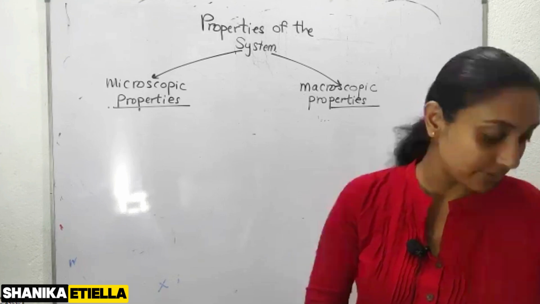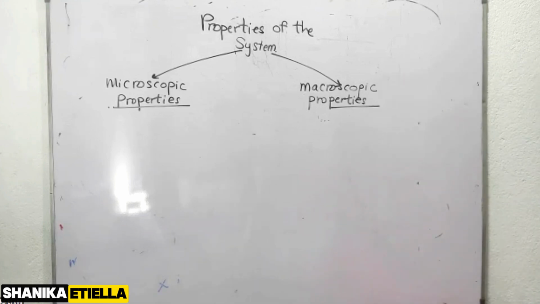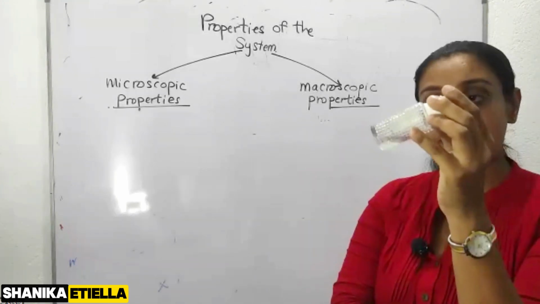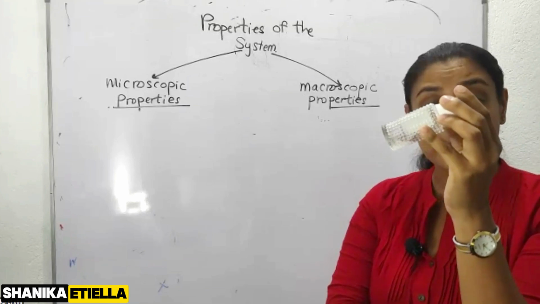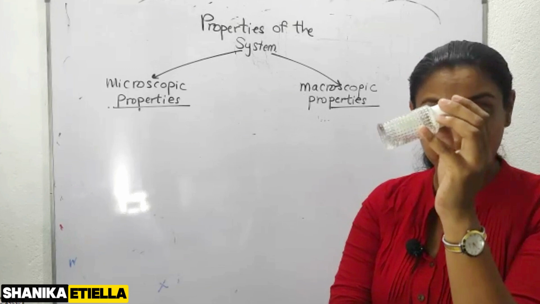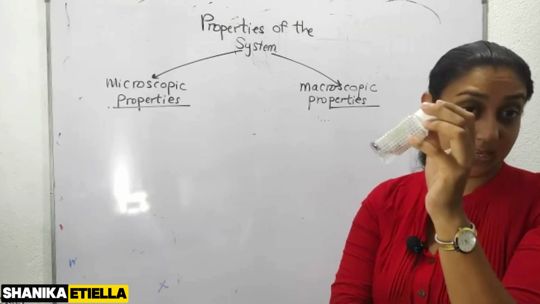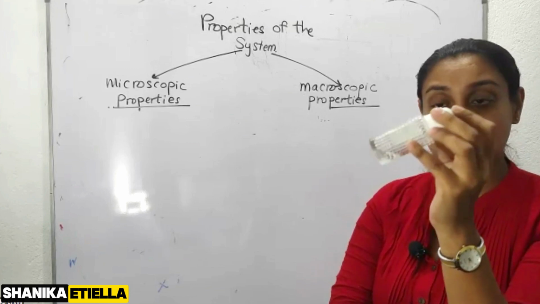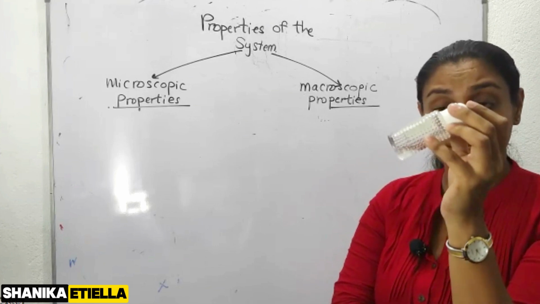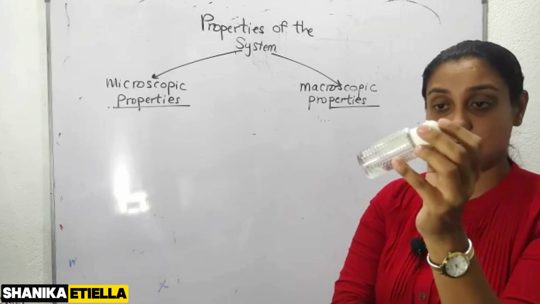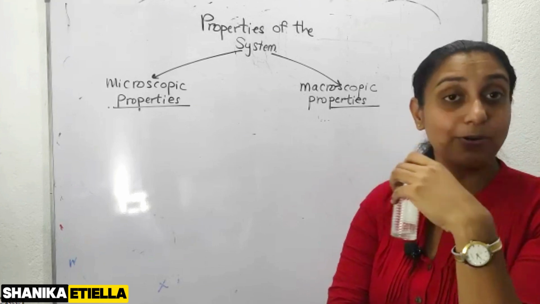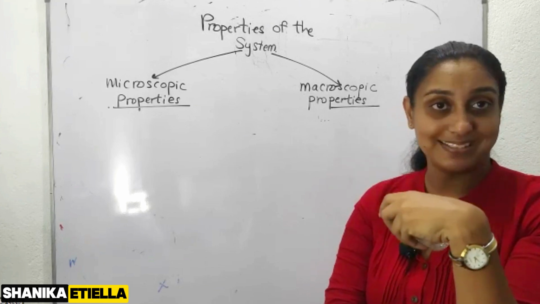Then what are the macroscopic properties of the system? Let's see this system. Inside this system, I can find some liquid column. What are the macroscopic properties of that system? I can measure the volume. I can measure the temperature. Likewise, pressure, density, refractive index. The properties I can directly measure are called macroscopic properties.